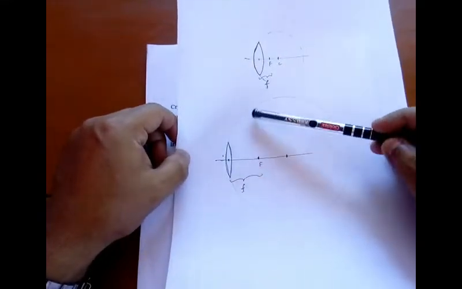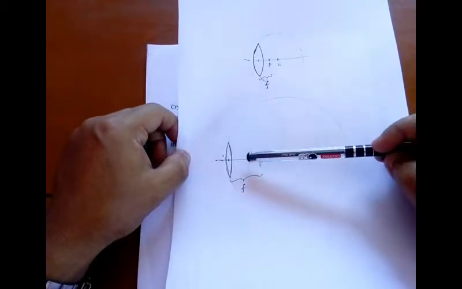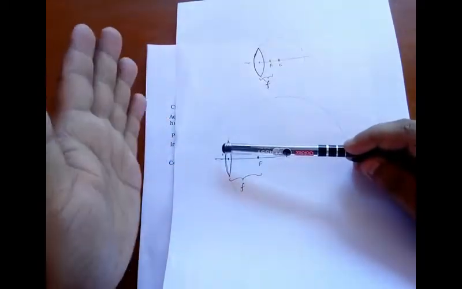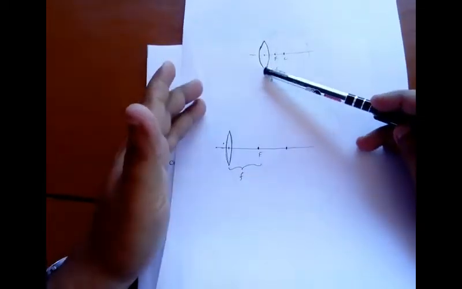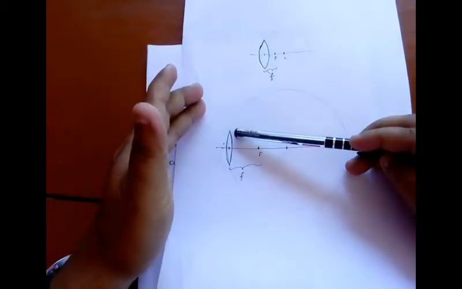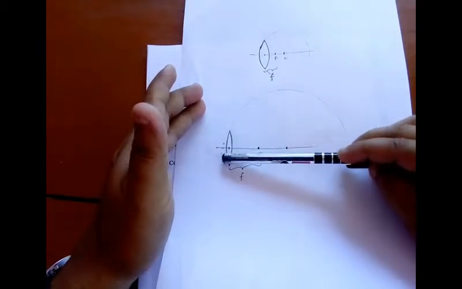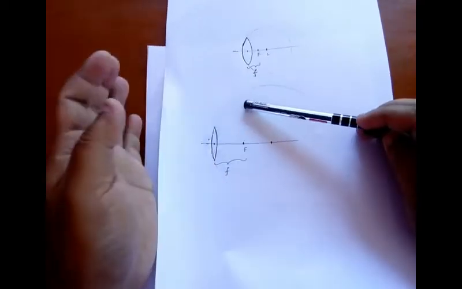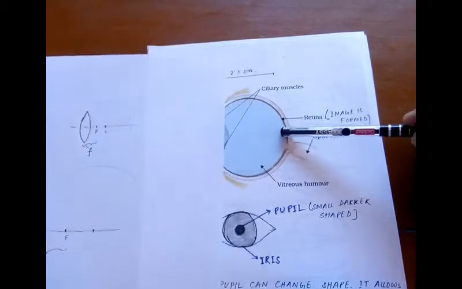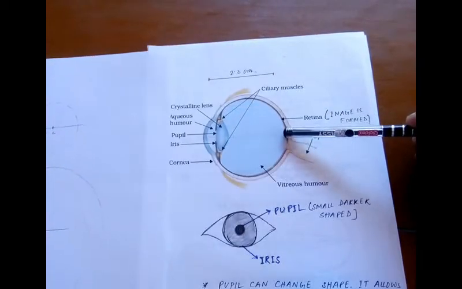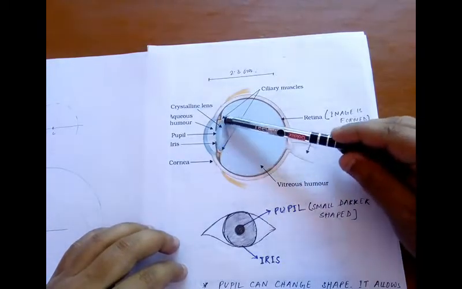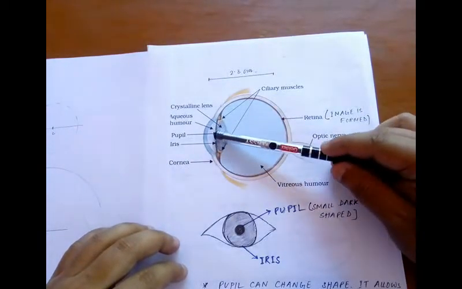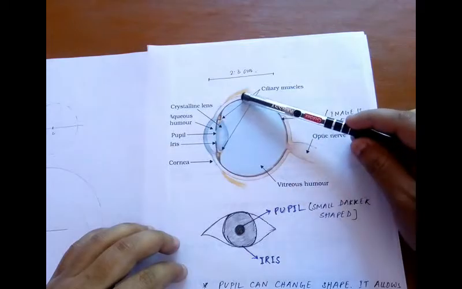So in order to focus objects at different distances, the eye lens has to change its shape. Sometimes it becomes thicker, sometimes thinner, so that the image will be focused at the retina. Always the image should be focused at the retina, so that we get a clear image there. That is why our eye has to sometimes change its shape, and it is done by the ciliary muscles.